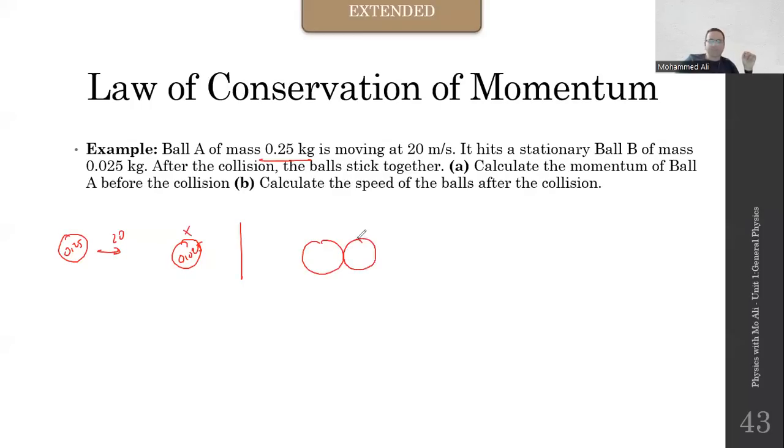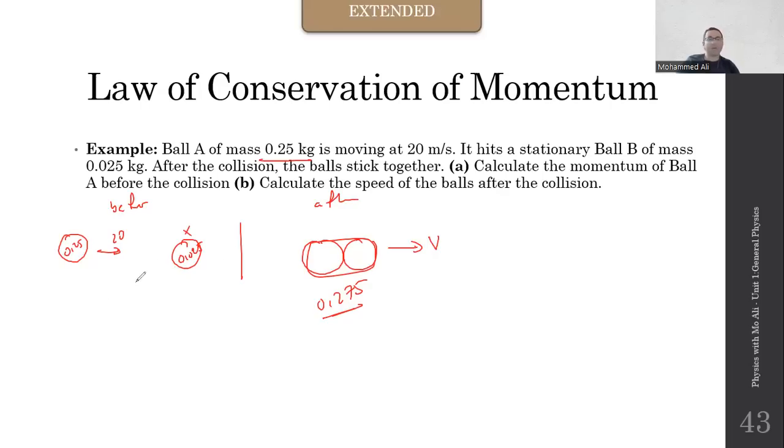Okay. So they're stuck together. So what's their mass? Oh, okay. If they're stuck together, we add their masses. So 0.25 plus 0.025. This gives me 0.275. We now have the mass of both of these balls together. And they're moving at a velocity that I don't know. This is before, and this is after.